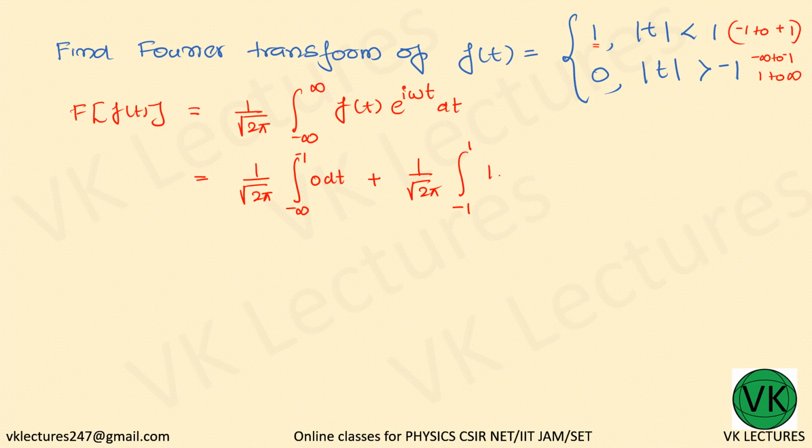1 into e to the power i omega t dt, plus again 1 divided by root of 2 pi, another from 1 to infinity, that is again 0 dt, there is no function in this region.